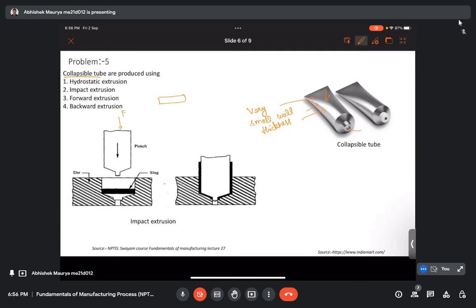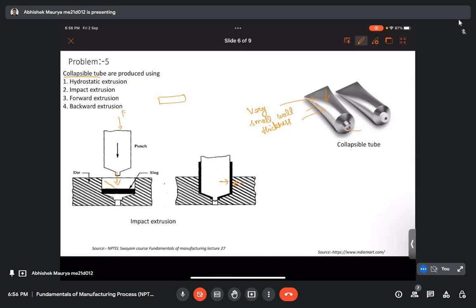There is a very small gap between the punch and this die, and when we apply impact load on this punch, it will come down, and it will try to squeeze the material.